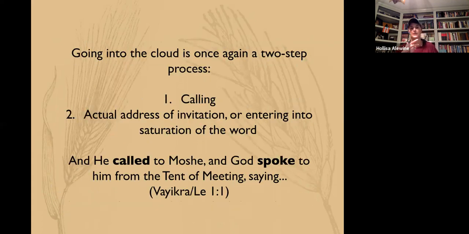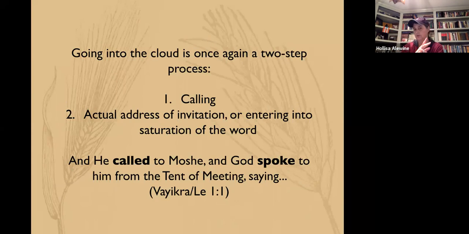So again, it's a two-step process, and we can look at Vayikra 1:1, where it says, "And he called," Vayikra, to Moshe, "and God spoke to him from the tent of meeting, saying." Right, two-step process. He called, Vayikra, and once Moses responded to the call, then God spoke.